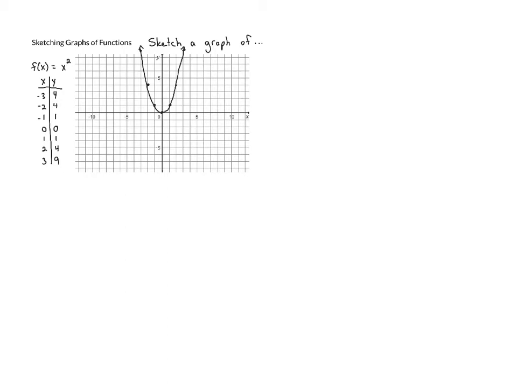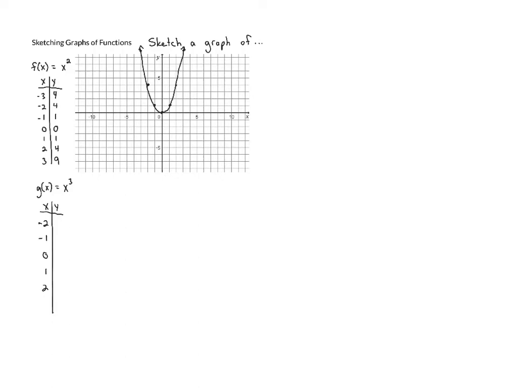The next one we're going to look at is going to be g of x equals x cubed. Again, we'll use x and y for our table of values. This time I'm going to do fewer values, -2, -1, 0, 1, and 2.